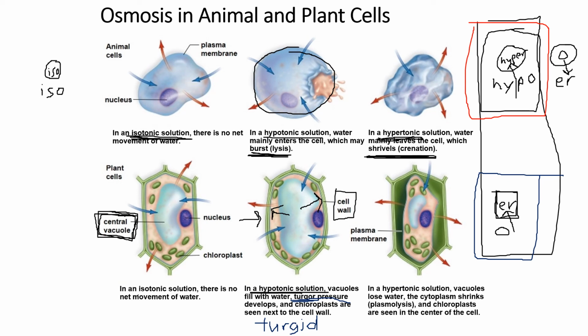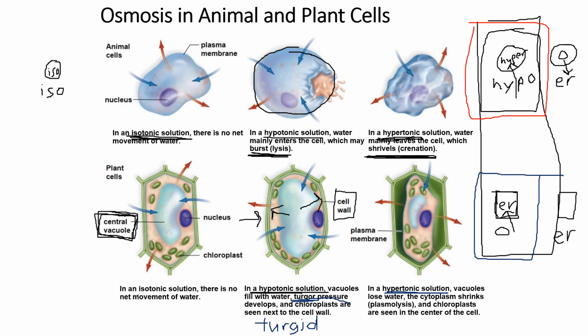If you put a plant cell in a hypertonic solution, something very similar happens. So we'll draw a new plant cell. We'll put it in a hypertonic environment.